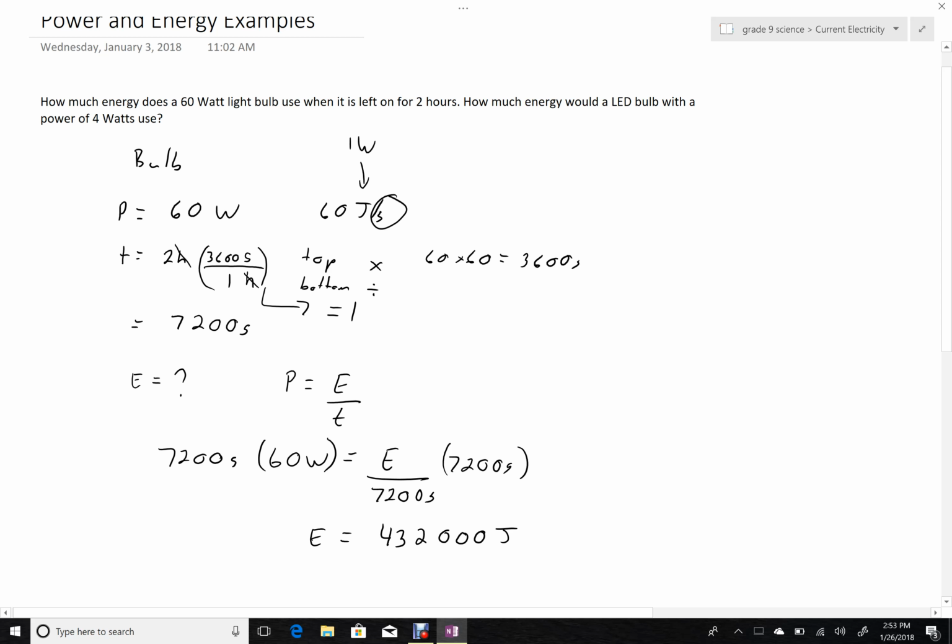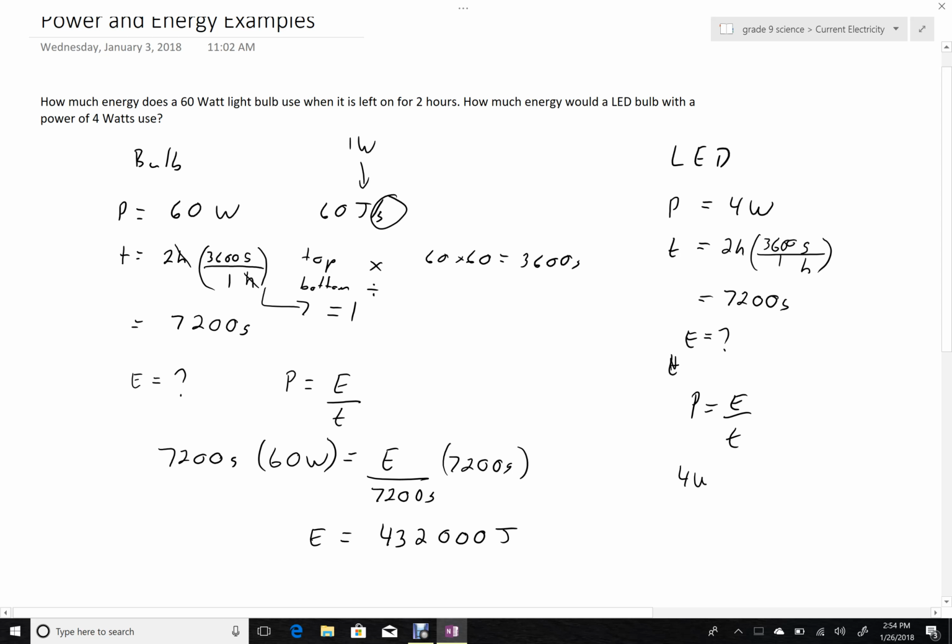All right, let's do the same problem, but this time for the LED. The only difference here is now the power is going to be 4 watts, and the time is equal to 2 hours, but again, we can convert that to 7,200 seconds. And energy is what I'm looking for. Power equals energy over time.